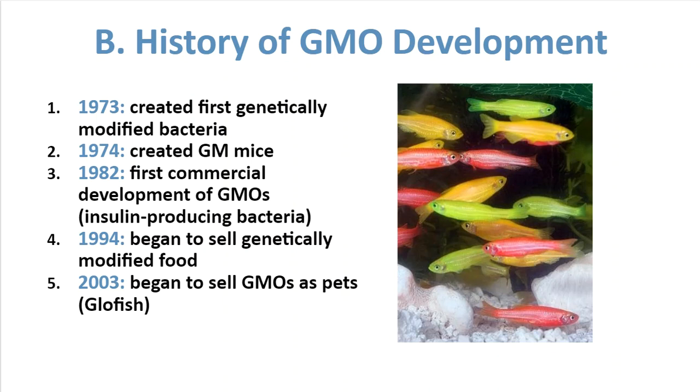Commercial means we're going to be able to sell it, something that is useful. 1994, we begin to sell genetically modified food. And in 2003, we begin to sell the first genetically modified organisms as pets. And that's what you see to the right. Those are called glowfish. And yes, they actually glow.